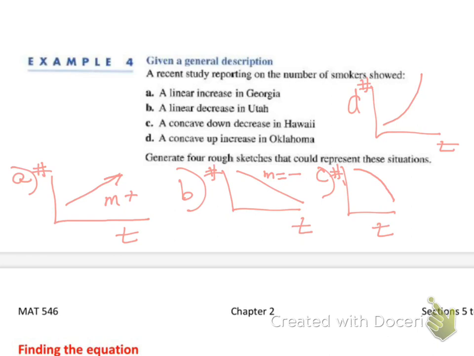A concave down decrease: remember, concave down means you're no longer a line. So you're going concave down and you're decreasing, so over time, the numbers go down. That would be C. And then D, a concave up increase, would be my graph for D. Notice C and D are not lines. A and B are lines, and you do not speak about concavity when you speak about lines.